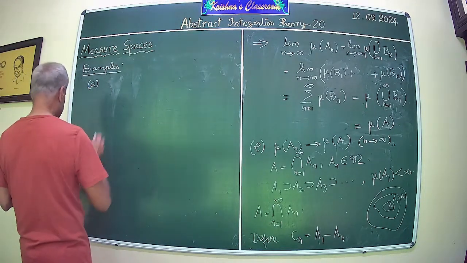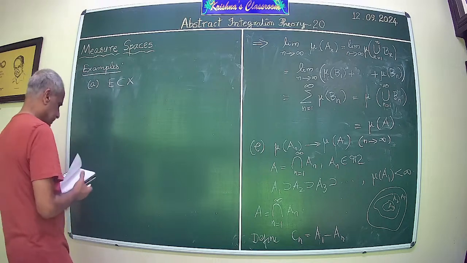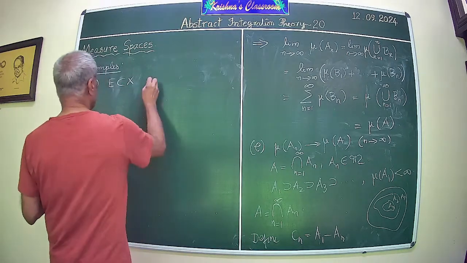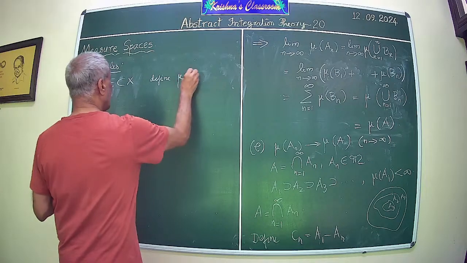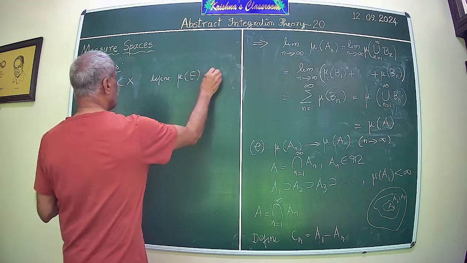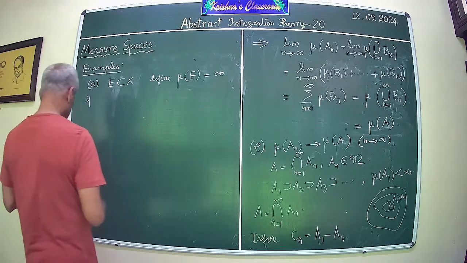First example: let E be a subset of some X. Define mu of E equal to infinity if E is infinite.